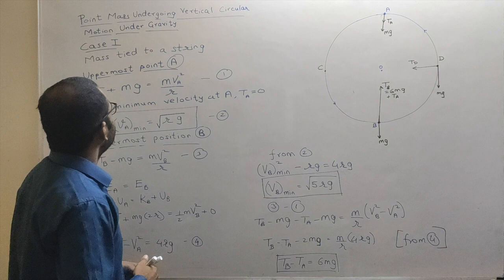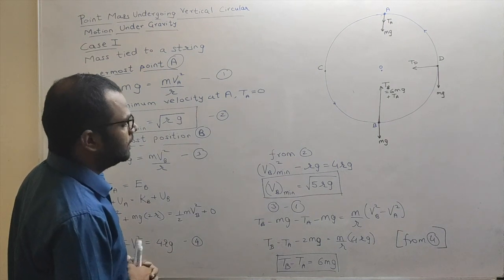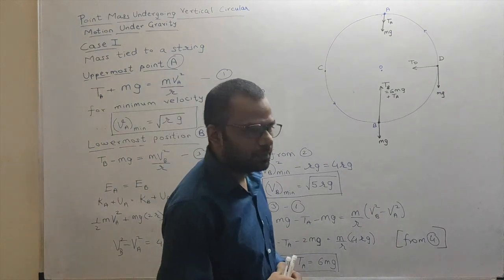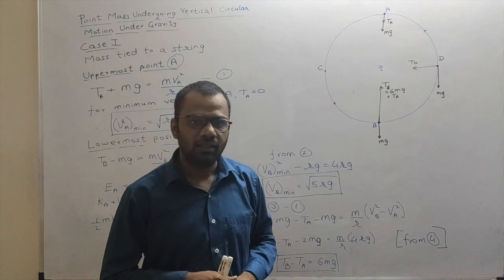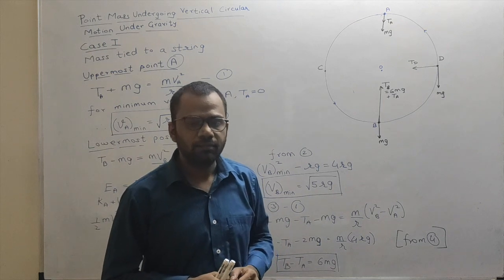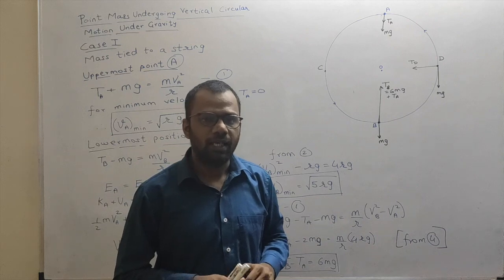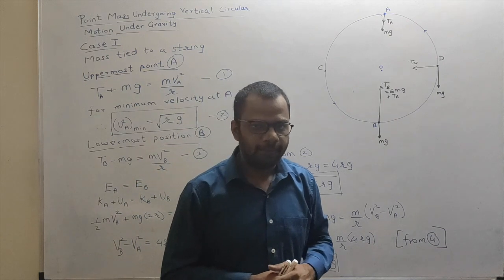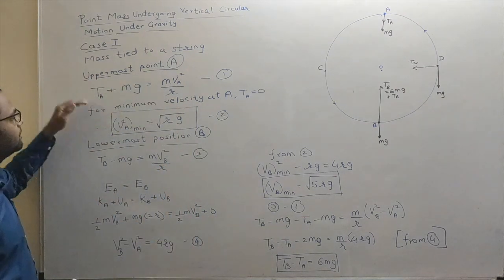Okay. The forces acting on the bob is gravitational force mg in the downward direction and the tension in the string towards the center of the circular motion along the length of the string. Fine. These things you note down and then write down uppermost point A.